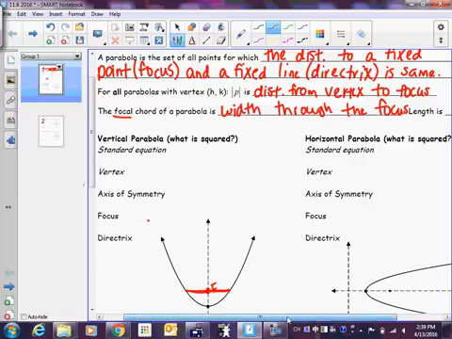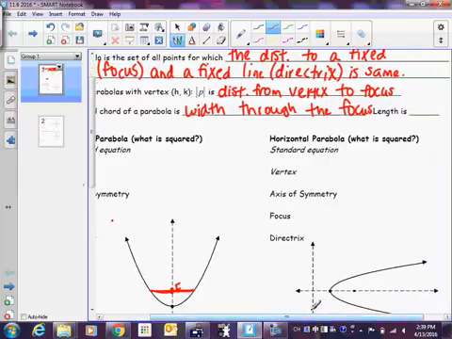This is always in between. Focus is always inside the curve of the parabola. Does anybody remember the length of the focal chord or find it on your blue card? 4P. And we should probably put absolute value bars around that in case P is negative.